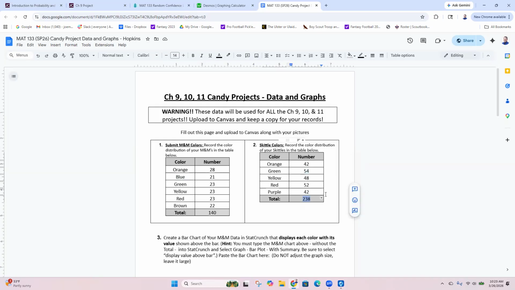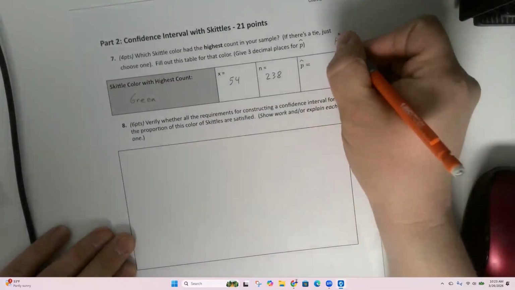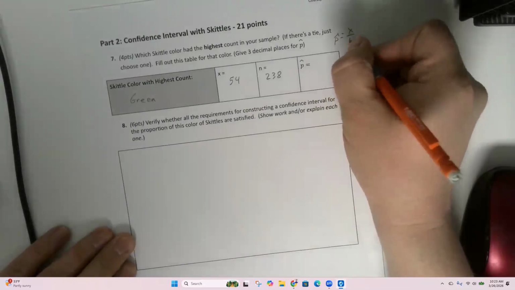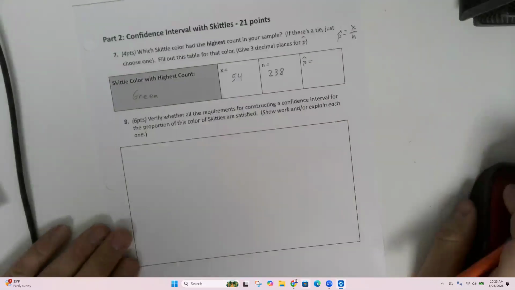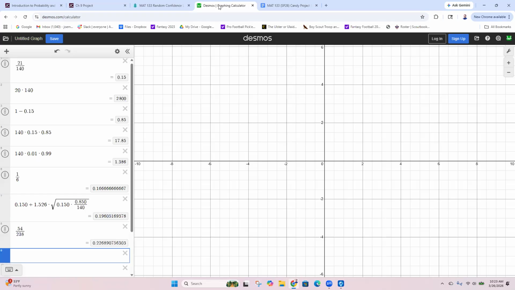That's my N. And p hat equals X over N, so I need to divide those. 54 divided by 238, and I get 0.227.